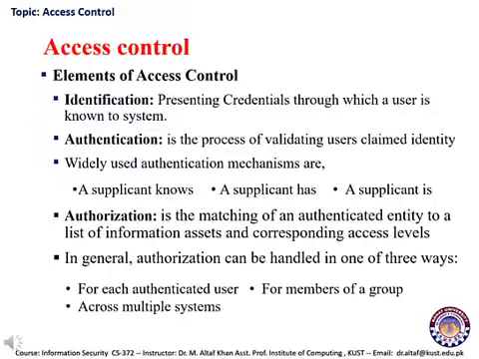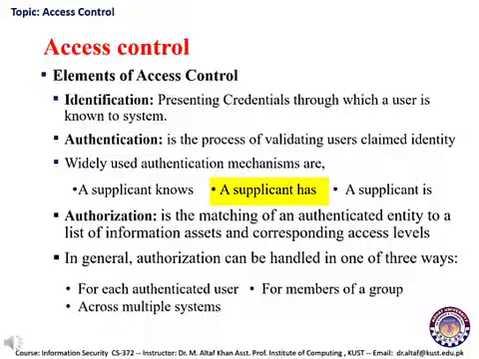There are three widely used authentication mechanisms, or you can say that there are three widely used authentication factors. The first factor of authentication is something a supplicant knows, such as password, passphrases, or other unique authentication codes such as personal identification number or PIN code.